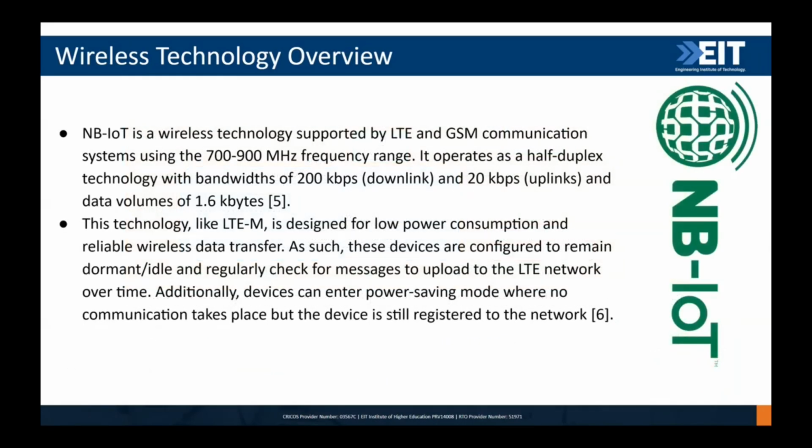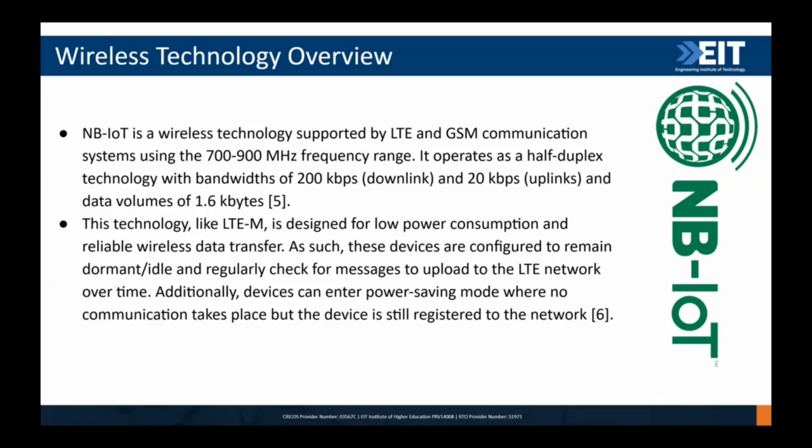Now, looking further into NB-IoT, it is supported by both LTE and GSM communication systems over a frequency range of 700 to 900 megahertz. Normally it operates in half duplex with bandwidths of 200 kilobits per second downlink to 20 kilobits per second uplink, and data volumes of 1.6 kilobytes.